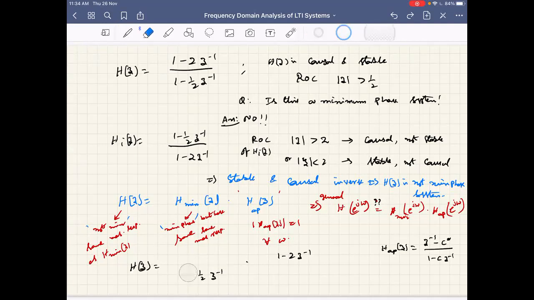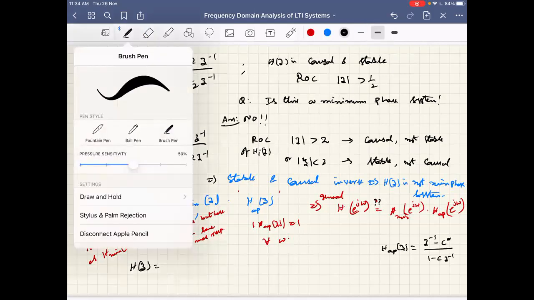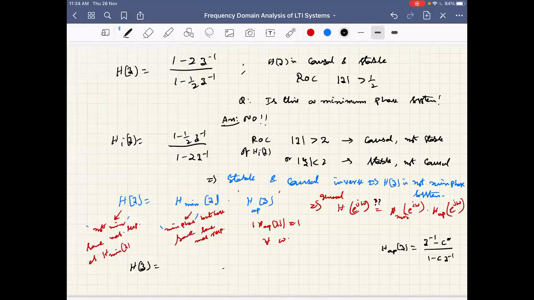Let us write the reverse. So bring the terms which are minimum phase on this side, whose zeros are inside, and the other ones on the other side.